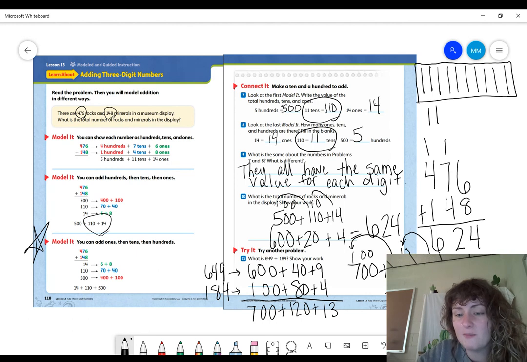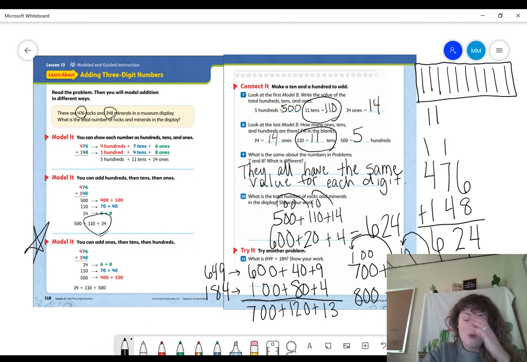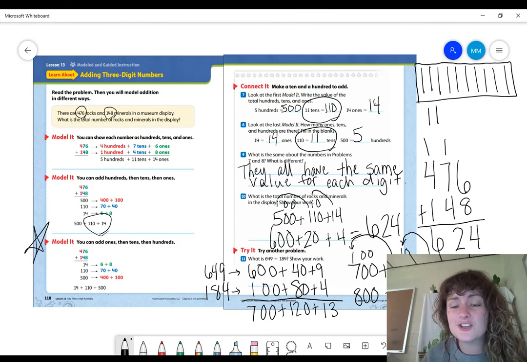So 10 plus 20 would be 30. And 700 plus 100 would be 800. 800 plus 30 plus 3 would make a whole of 833.